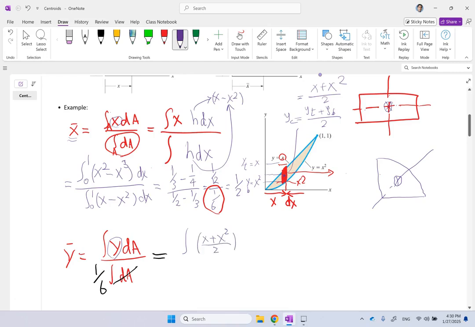That's the y of the centroid. Okay? And the dA for that element, if you remember, it was x of the top minus x of the bottom times dx. So it was x minus x squared dx, that is dA, and over 1/6. And this integral, of course, remember, goes from 0 to 1.